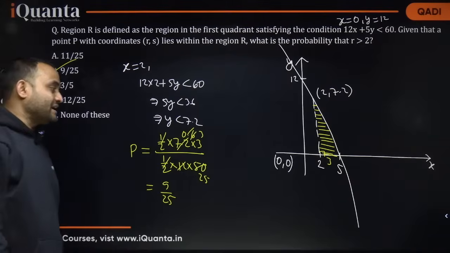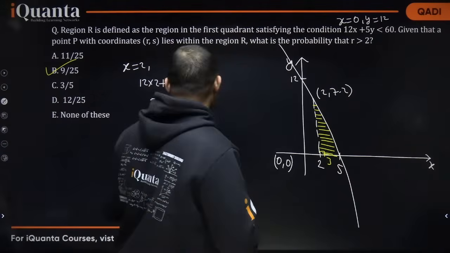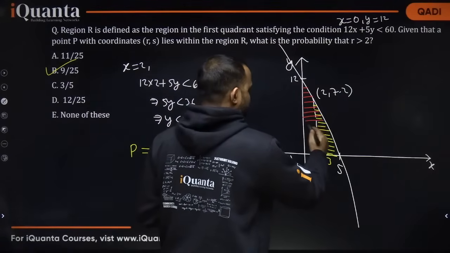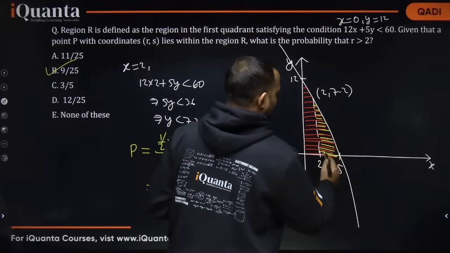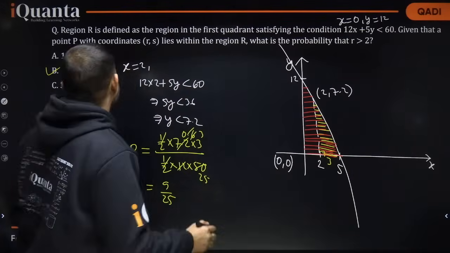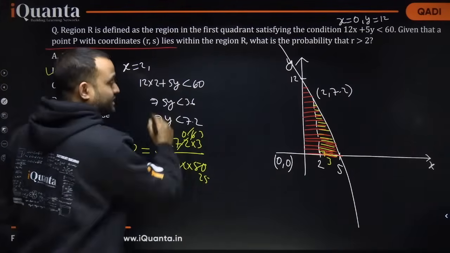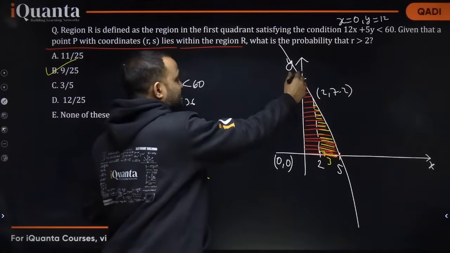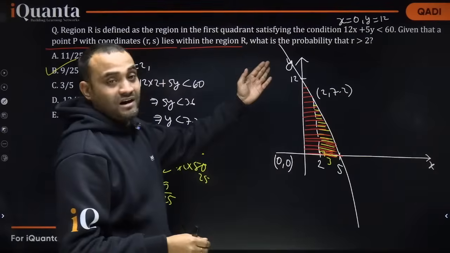Ronak, we find the area because all the points that we are talking about could be anywhere in this region. It says given that a point P with the coordinates within the region R, this is region R, the triangle is the region R, correct?